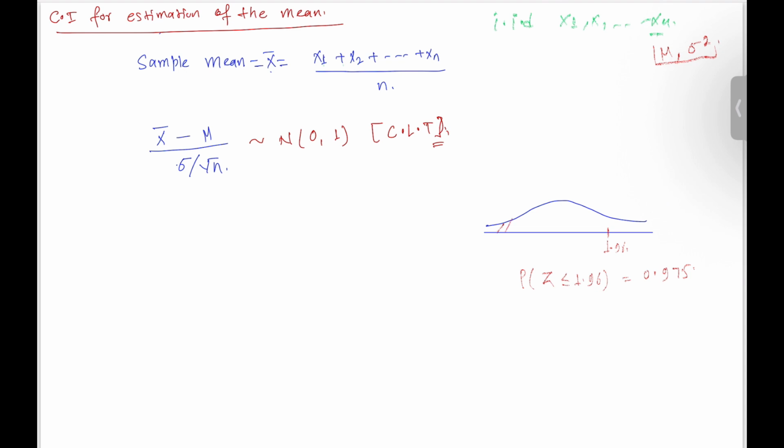So we are finding the probability that the random variable z takes the value up to 1.96, right?